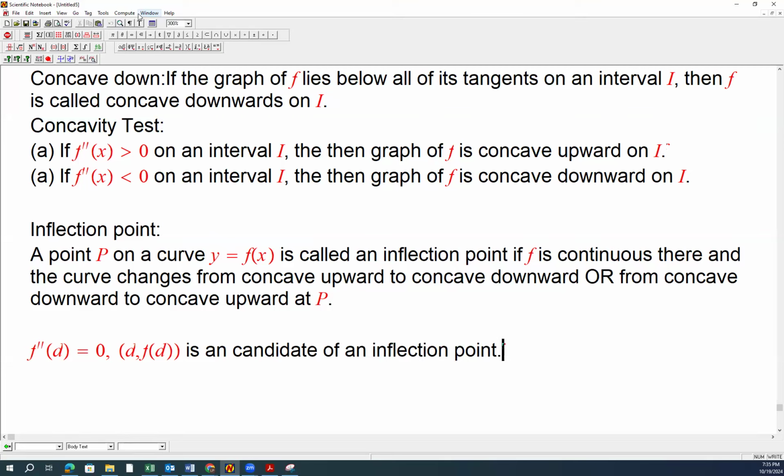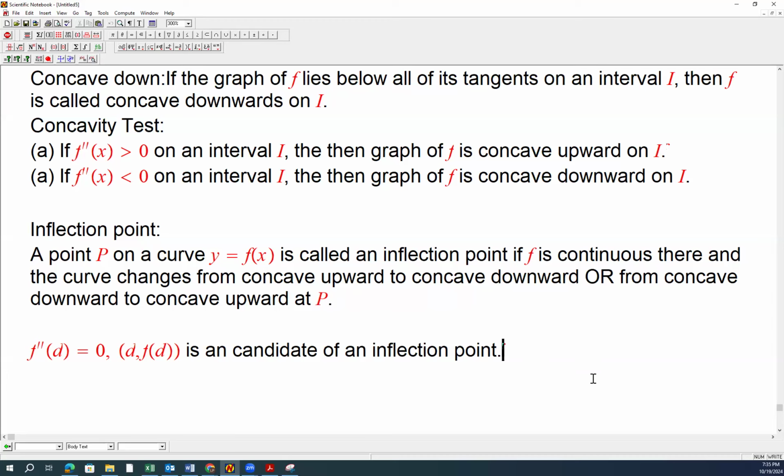So we have to check whether there is a change of concavity to determine whether it is an inflection point, if you're going to use the second order derivative as the way to find inflection points. We're going to see this in our future examples.